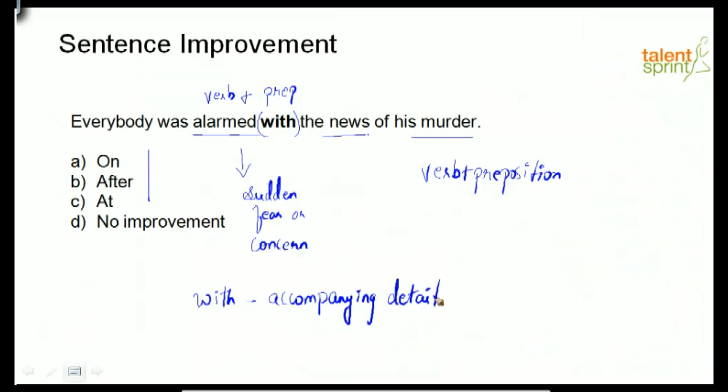Having said that, we need to figure out which is the right preposition that gets hooked on with alarmed. Usually you have alarmed at. You can be alarmed at the thought of something.